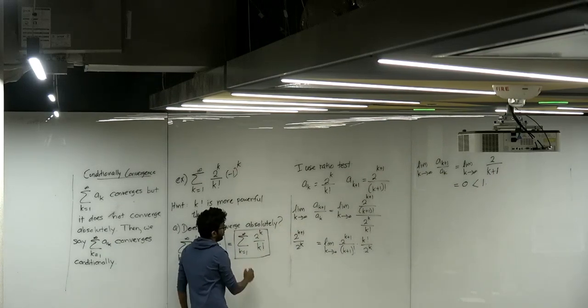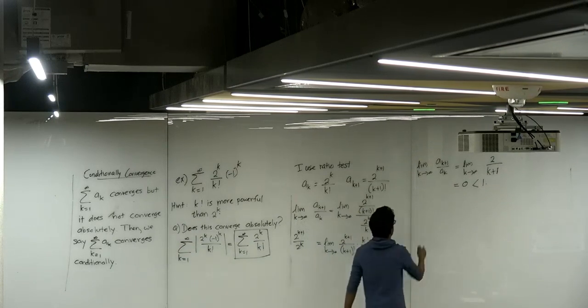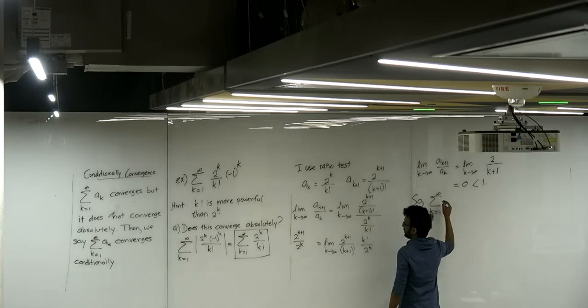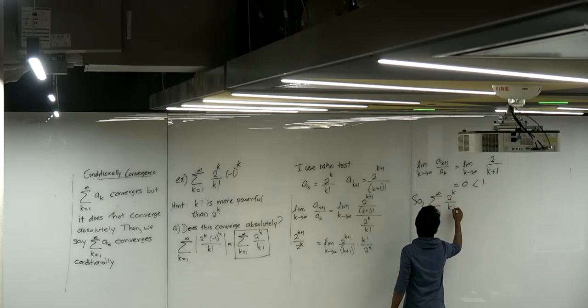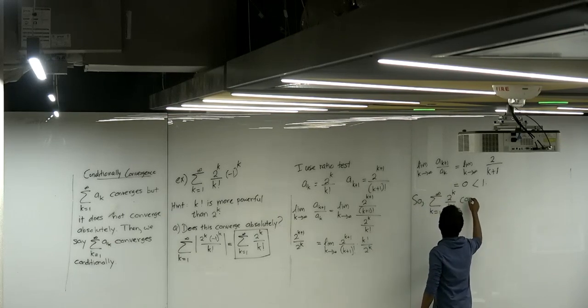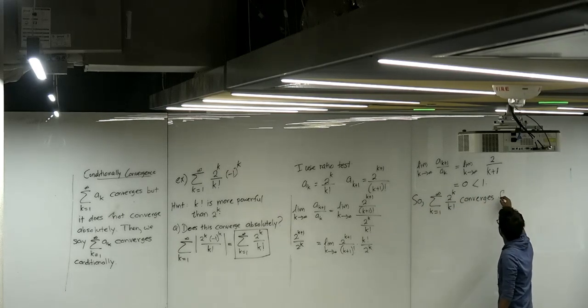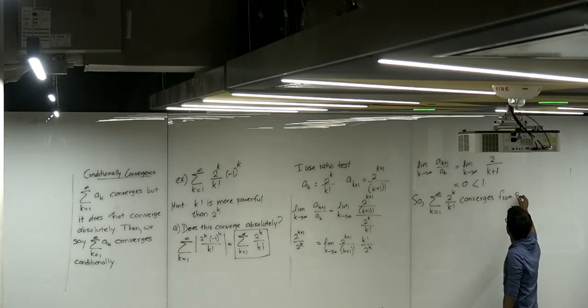Yes, well, I think we're all on the same page. So the series from 1 to infinity of 2 to the power k divided by factorial k converges from the ratio test.